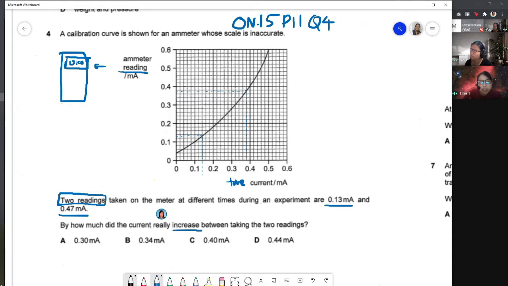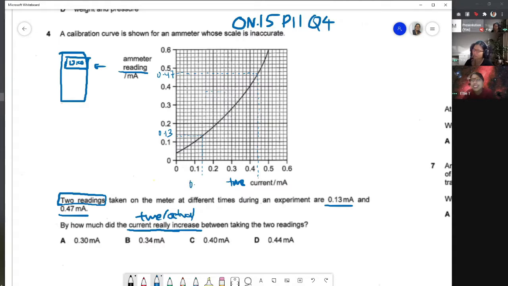How much did the current really increase between the two readings? So it's talking about the true, actual reading. So you have to read the change down there. How to read? We take the reading here, which is 0.47, and the other one, which is 0.13. Carefully extrapolate downwards with a ruler, hopefully.